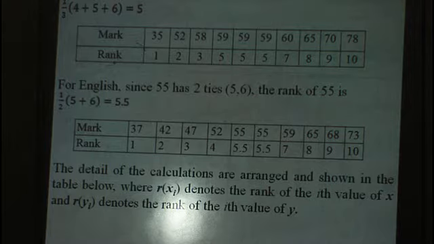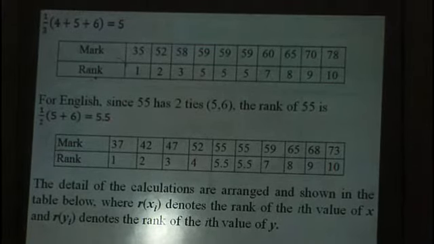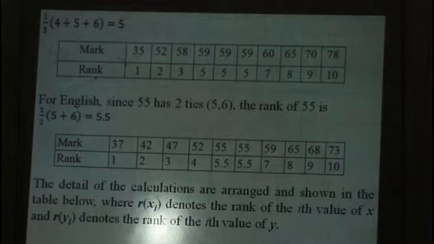Taking the mean of 5 and 6, we get 5.5. For English, the lowest mark was 37 and the highest mark was 73.